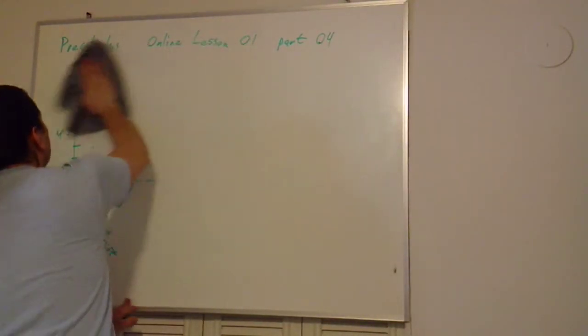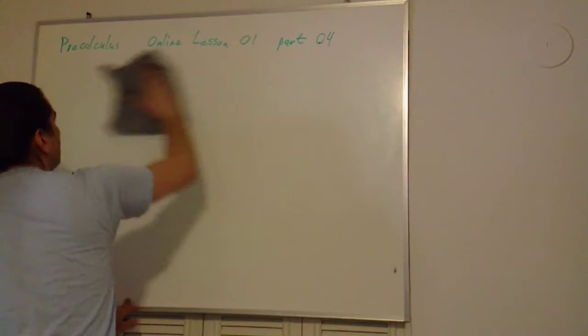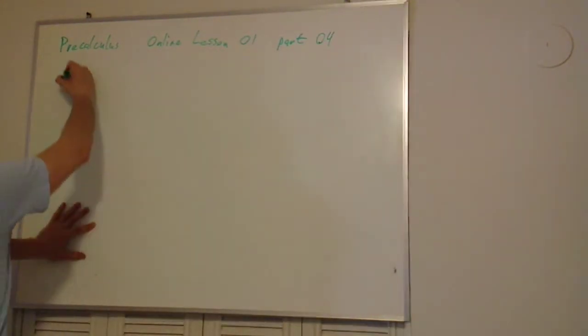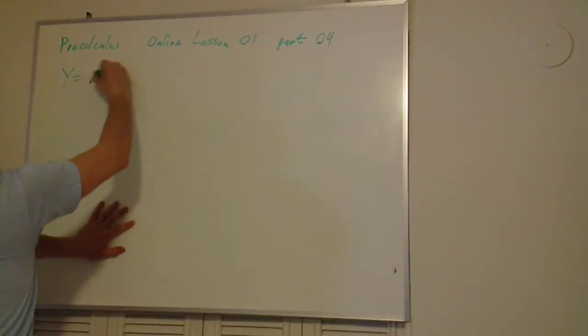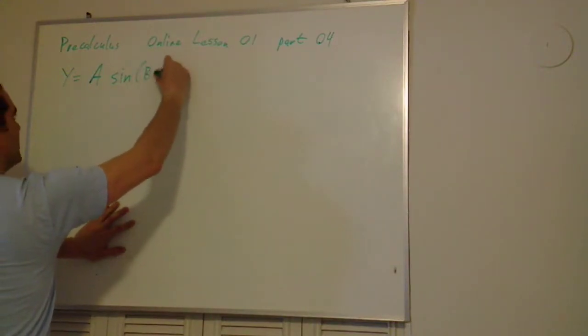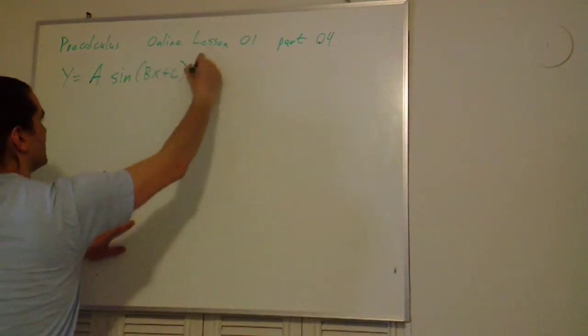Sine waves start in the middle, they middle in the middle, and they end in the middle, vertically. And then in between that, it will go up and down and back up. So this is the graph of 2 sine of the quantity 3x plus pi, minus 2. Looks like this.